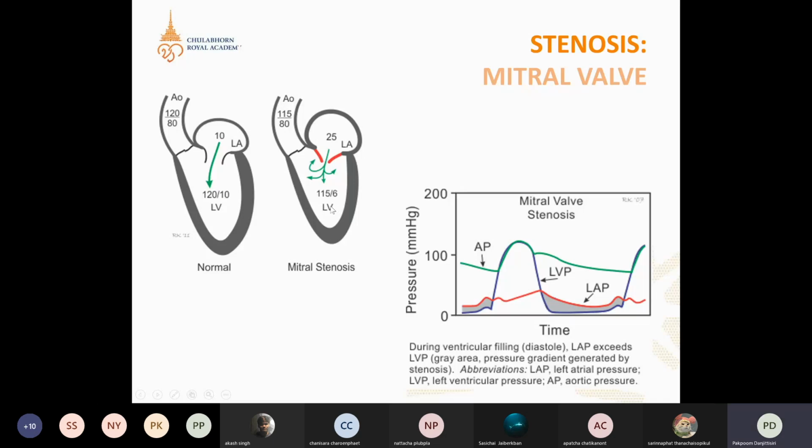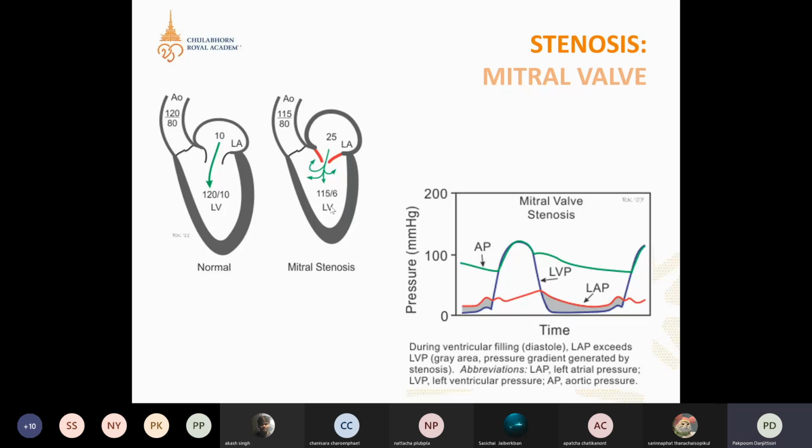Okay, and let me refer to the Frank-Starling rule. If the volume in the ventricle is reduced, it will impact the capability of the LV to contract.